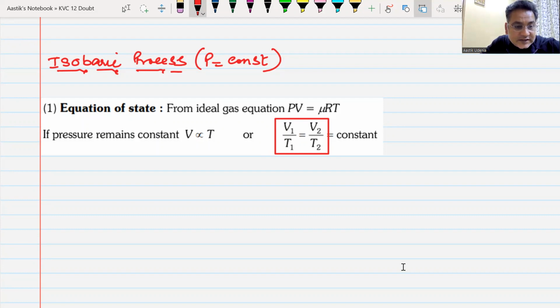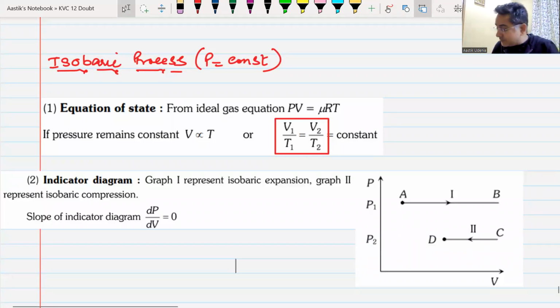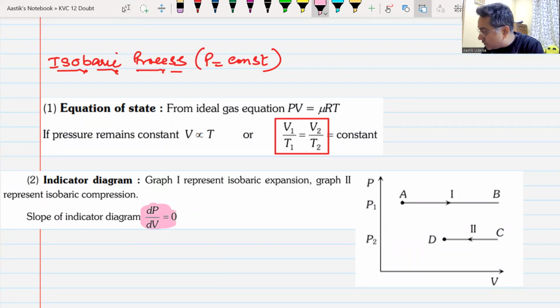So you must understand that the PV graph for this will be a straight line which will be parallel to your x-axis. That is absolutely correct. And the slope of this PV graph is going to be 0.